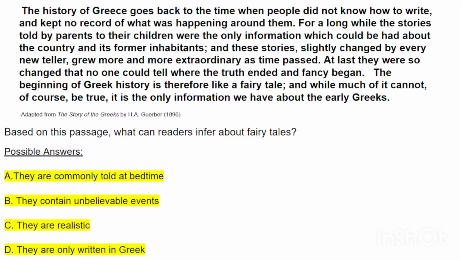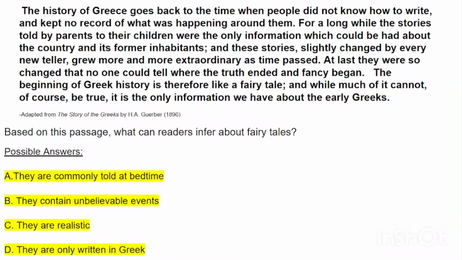So then and there, I can infer that these were fairy tales because every time they were changed, we do not know if it is true or not. So based on this passage, what can readers infer about fairy tales, right? So what can we infer about fairy tales?